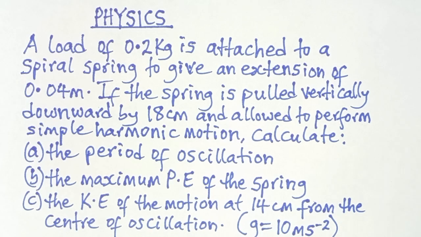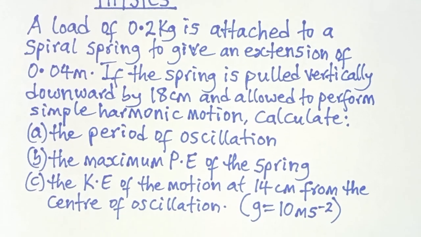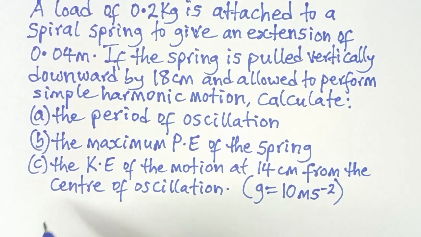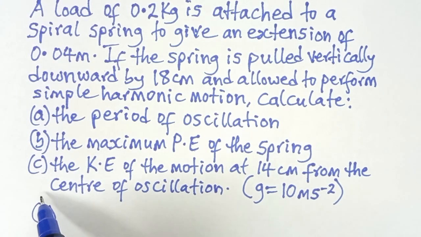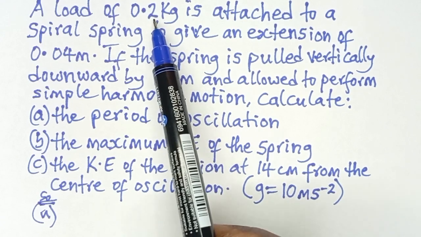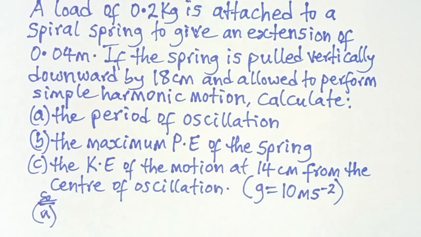Now let's start by writing out the given parameters in the question. So I'll say solution A. The first parameter we are given is the attached load, that is the mass attached to the spiral spring.